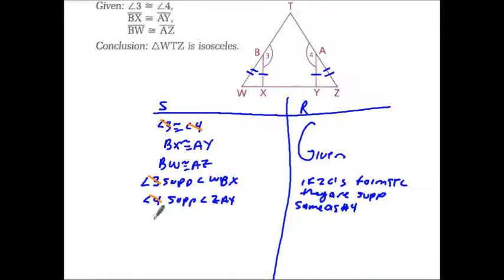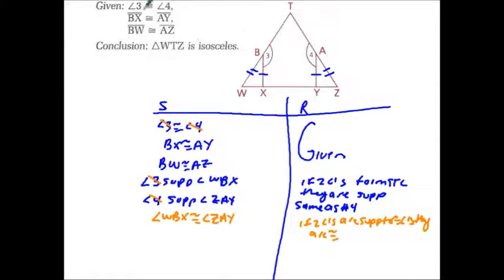What I'm left with is angle WBX is congruent to angle ZAY. The reason? If two angles are supplementary to congruent angles, they are congruent. Or for shorthand, supplements of congruent angles are congruent.